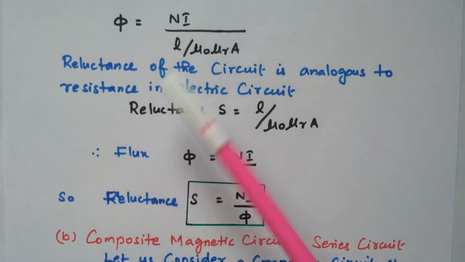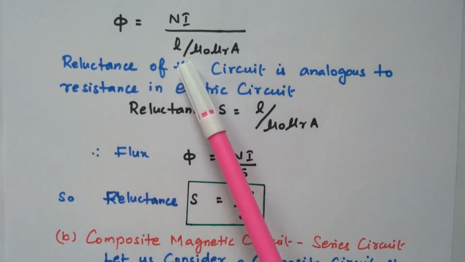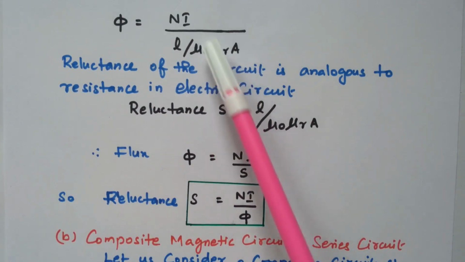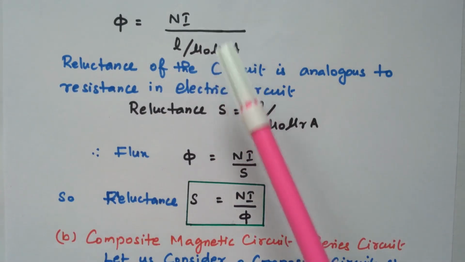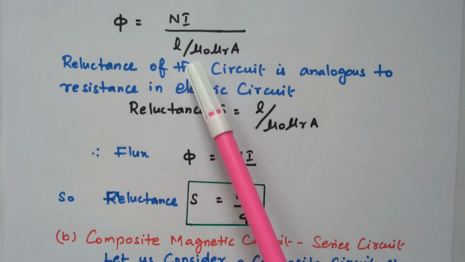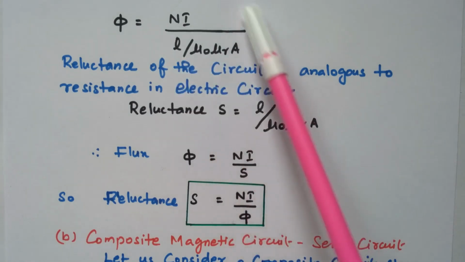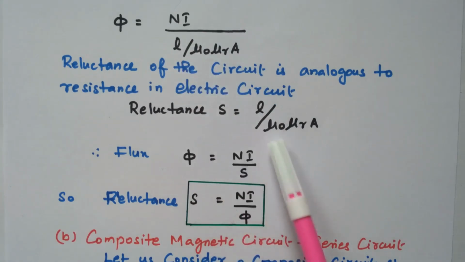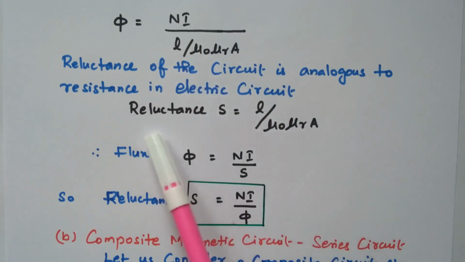So phi equals Ni divided by L into mu naught mu r into A. The mu naught mu r in the numerator is now brought into the denominator, as 1 divided by, so that the originality will not change. So L divided by mu naught mu r A is nothing but the reluctance.